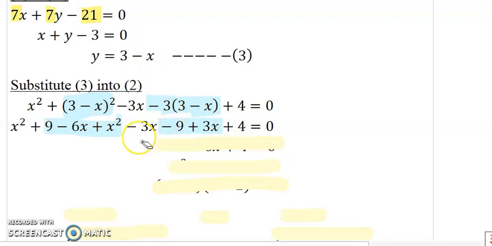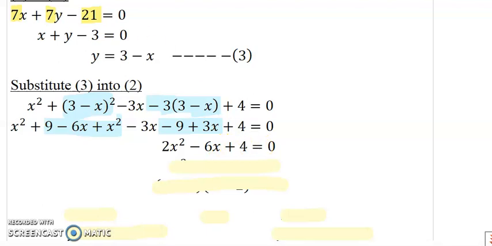The rest of the terms, just bring forward. In the next line, we simplify the terms and find that we have the quadratic equation 2x squared minus 6x plus 4 equals 0. Here, x squared plus x squared gives us 2x squared.